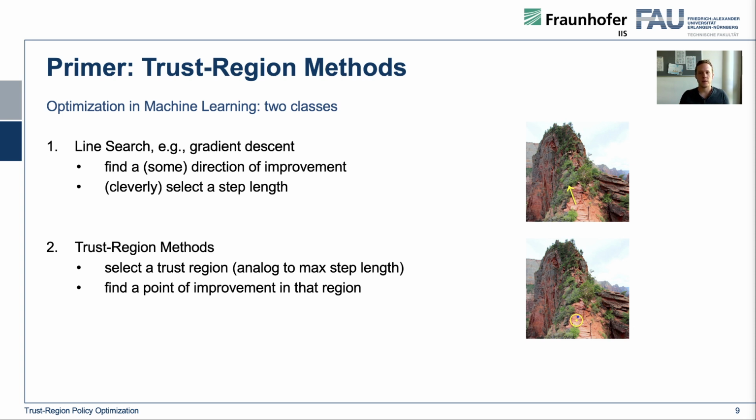In practice, you could locally approximate a surrogate function that is easy to optimize within the trust region, and then you optimize your surrogate function in order to update your parameters. You find a point of improvement within that region. However, it must not be a single gradient descent or gradient ascent step.